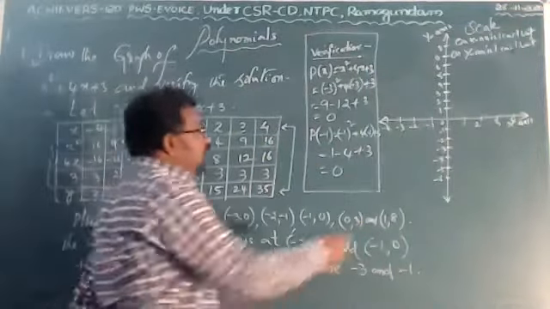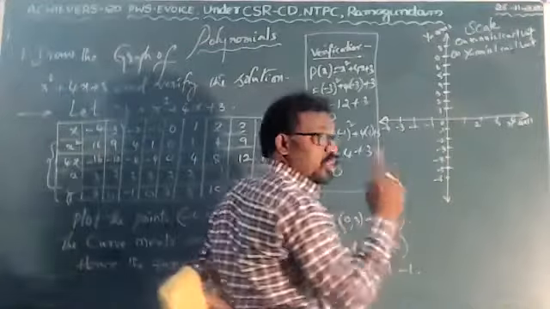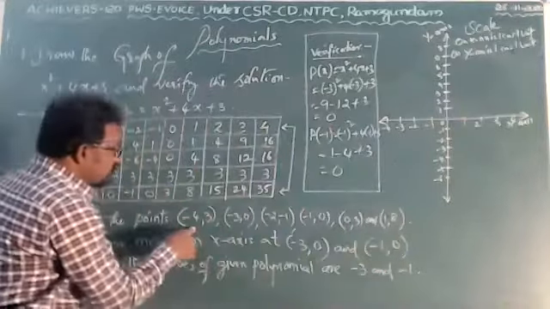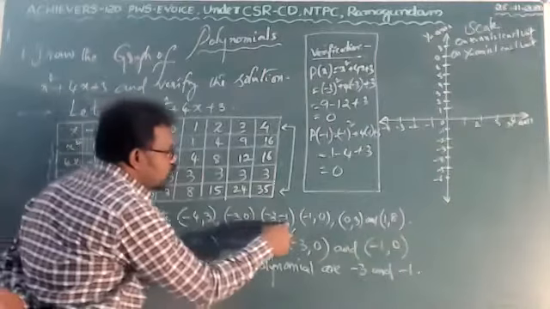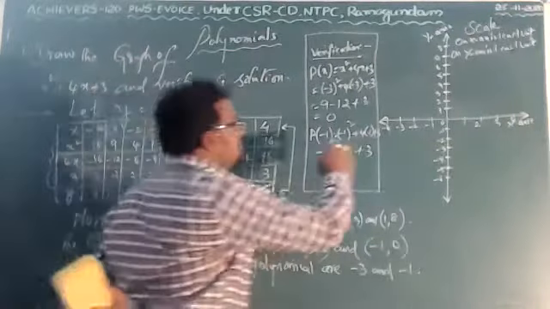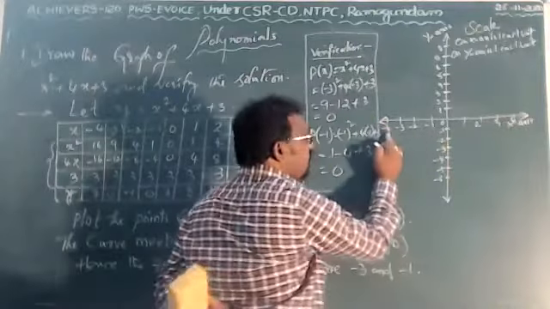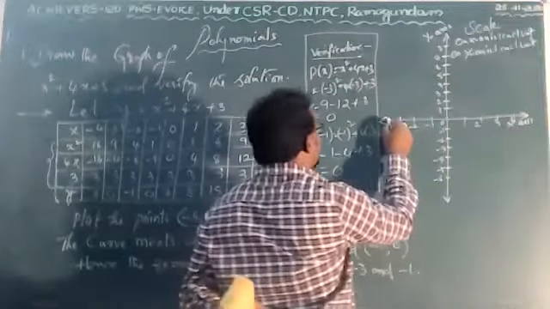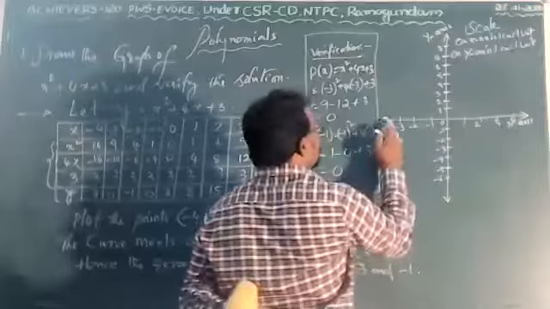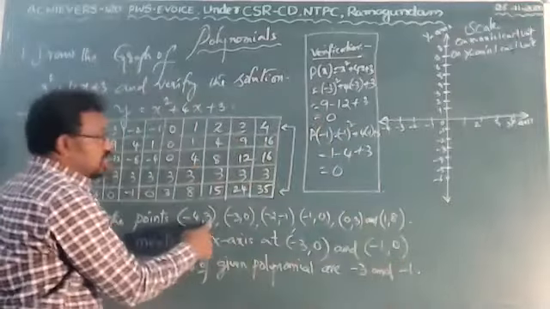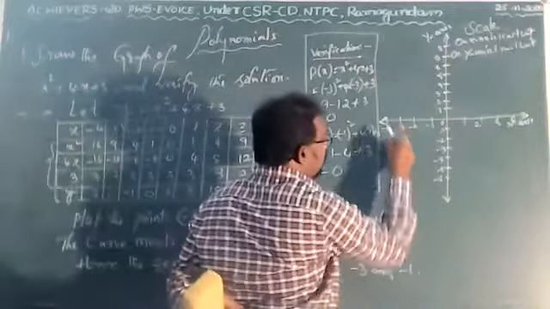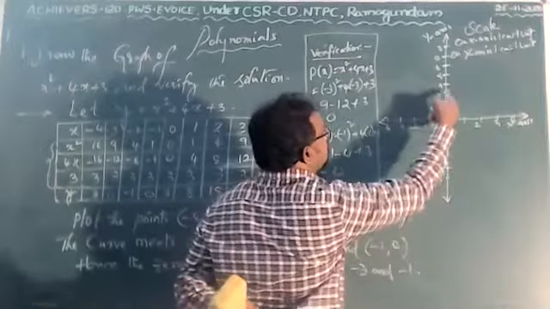Minus 4, comma 3. Where is minus 4? Minus 4 is on the x-axis. This is x, this is y. See, in the x-axis, where is minus 4? Positive 4. Where is minus 4? Minus 4 is here. So here minus 4 and plus 3. This is minus 3, this is plus 3.